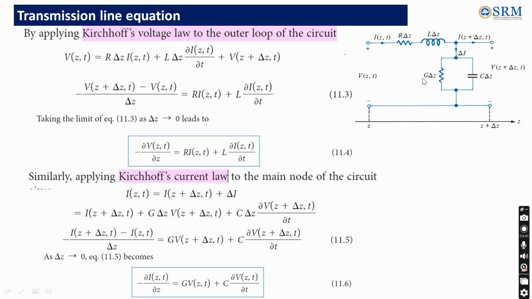By means of G into V, the voltage across the load, and C into dou V by dou T. But we have to consider the voltage at the load here. So similarly, we have to rearrange the current components on one side and other things on the other side. So we will get an equation similar to the voltage one: dou I of Z comma T by dou Z is equal to G V of Z comma T plus C into dou V of Z comma T by dou T.